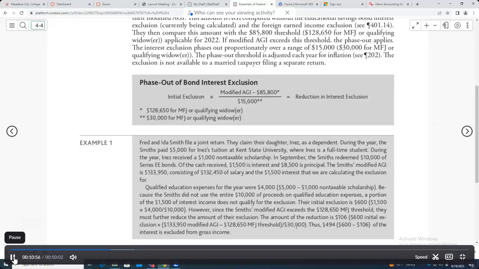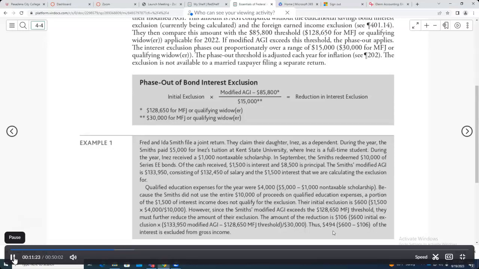That gives you a ratio, whatever it is, multiplied by $600. So only $494 of that $1,500 interest that they earned from that redemption of the bond will be excluded. The rest will be in the income, and they have to pay taxes for that interest that they earned.